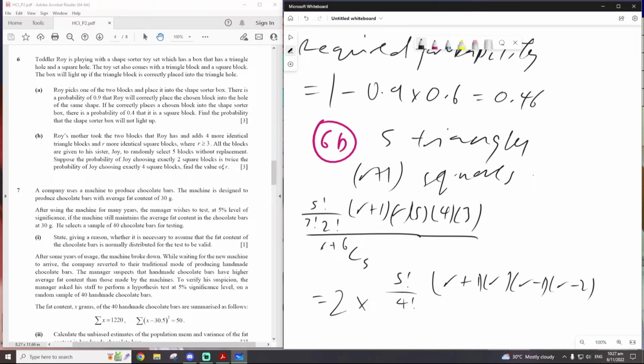And then of course you need to choose one of the triangles, which is, you can choose 5 of them. And then again, this is r plus 6 choose 5.